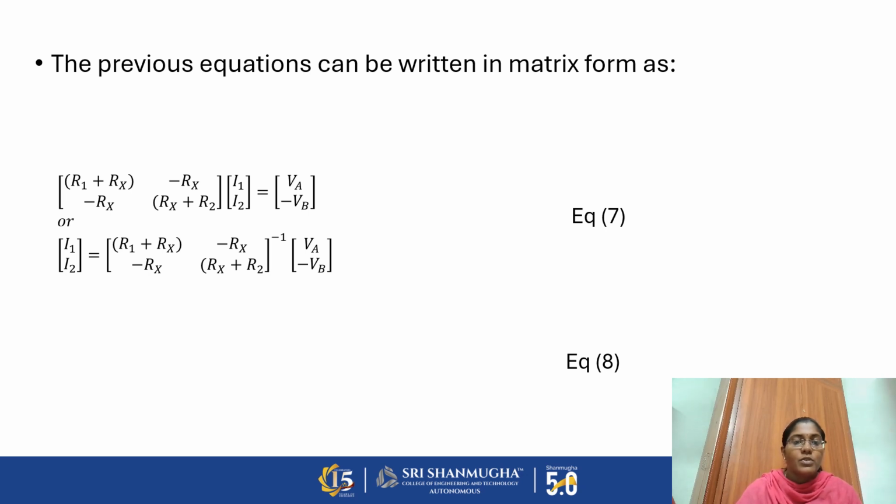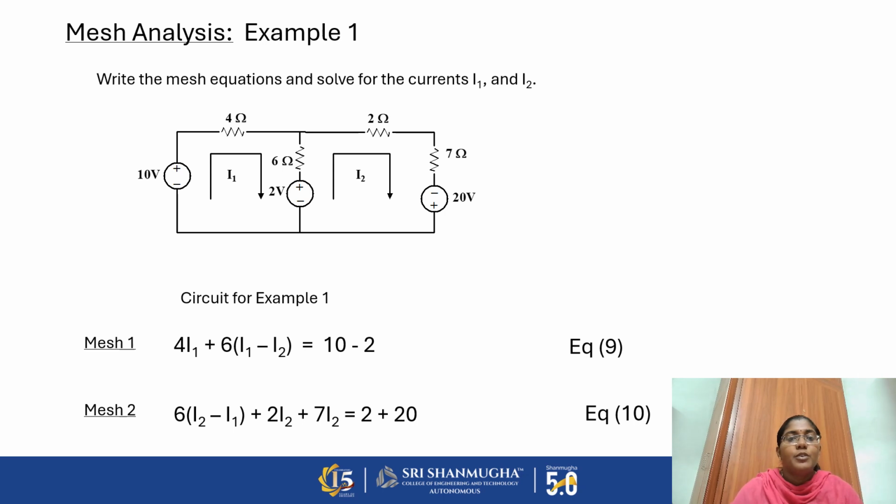In the second equation, the coefficient of I1 is minus Rx, and the coefficient of I2 is Rx plus R2, which is equal to VA minus VB. In another way, I1, I2 equals the inverse of this matrix times VA minus VB. This is the matrix form in which we can write the equations, which makes it easy to find the currents. Let's see a numerical example for mesh analysis.